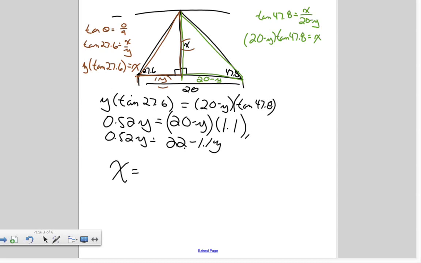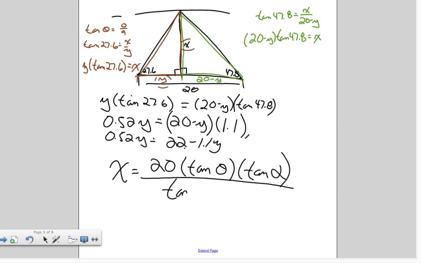What I showed them at the end was, x is equal to this length times the tan of the one angle times the tan of the other angle, divided by tan of the two angles added together.